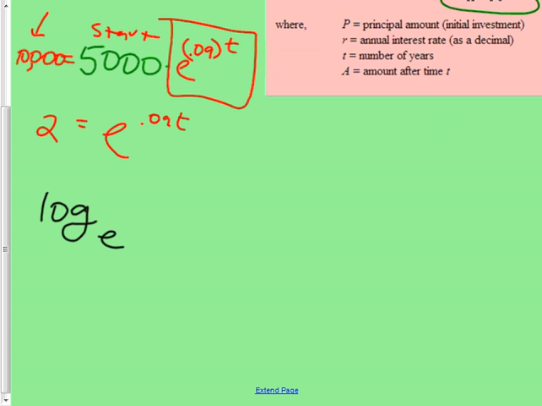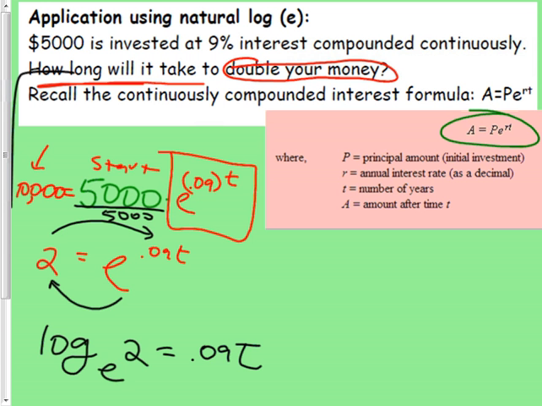And then you jump to the other side of 2. See, it goes over here, and then it has to go back over there. Equals 0.09t. We divided by 5,000, and 10,000 divided by 5,000 is where I got the 2.